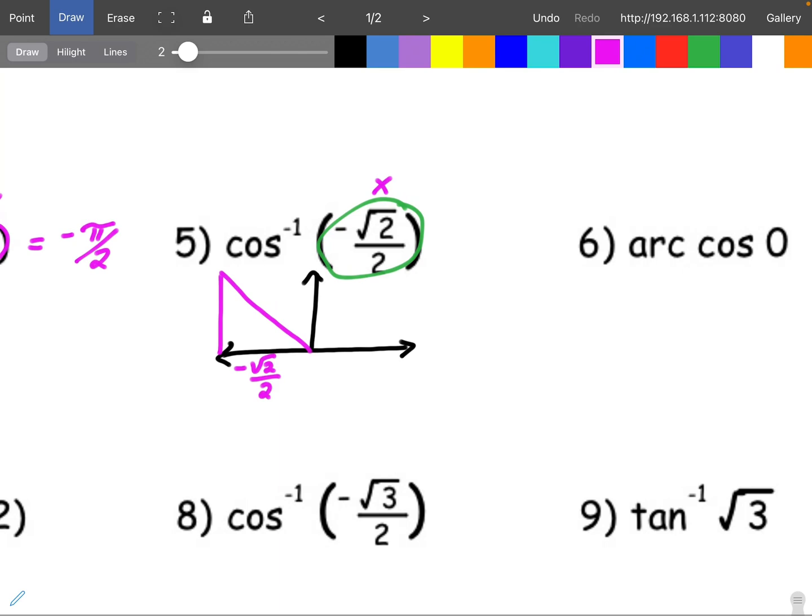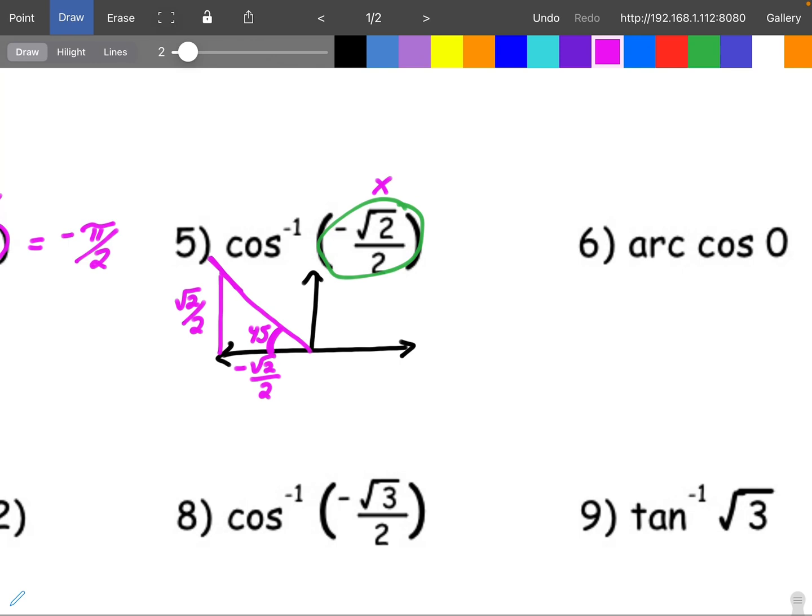And so if the horizontal component is negative square root of 2 over 2, then that means the vertical has to be positive square root of 2 over 2 because y is positive in the second quadrant. And therefore, across from that would have to be 45 degrees.